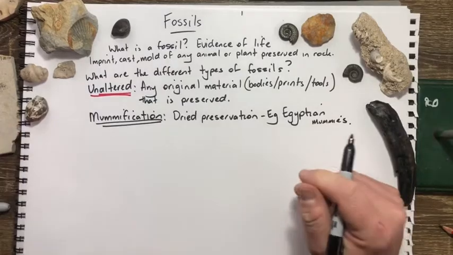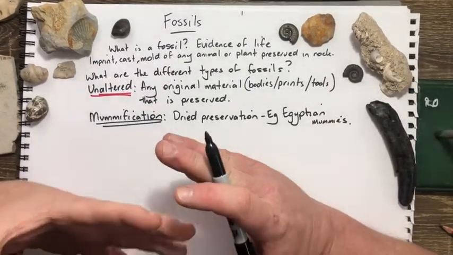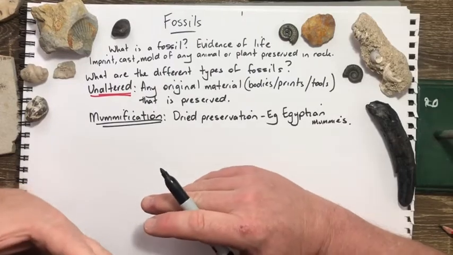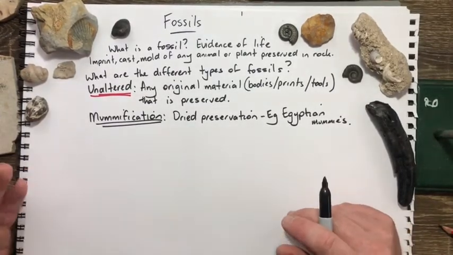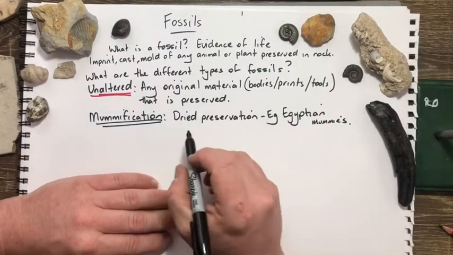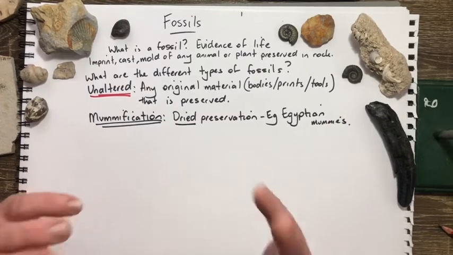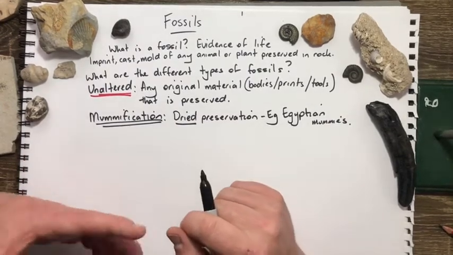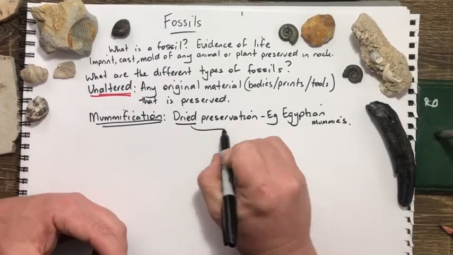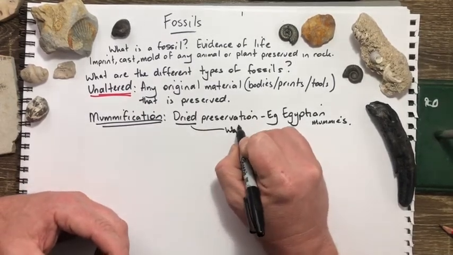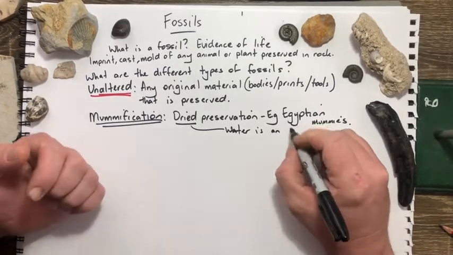So one of the reasons that the Egyptian sarcophagi and the bodies of the dead in Egypt last so long is because of Egypt's climate. Egypt is, and always has been for a very, very long time, a dry climate. And because it's so dry, because we lack water, water is an agent for decay.